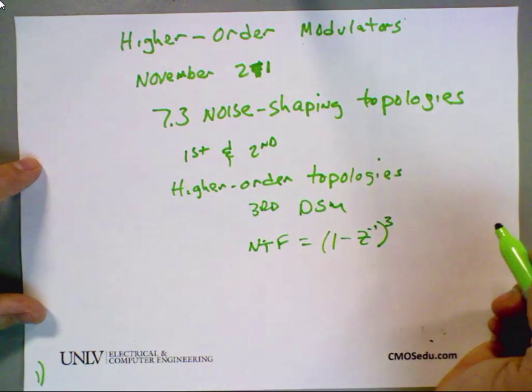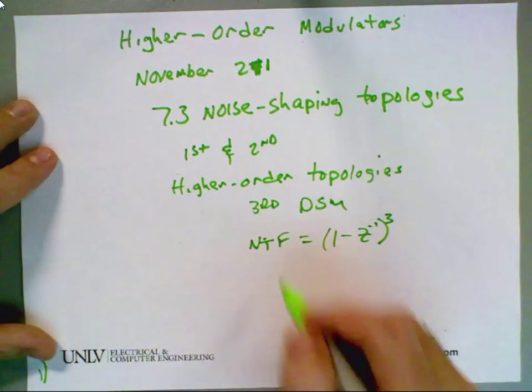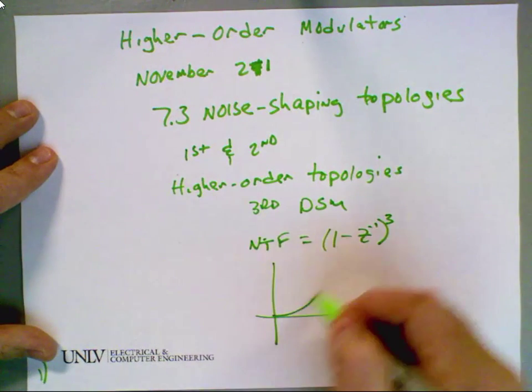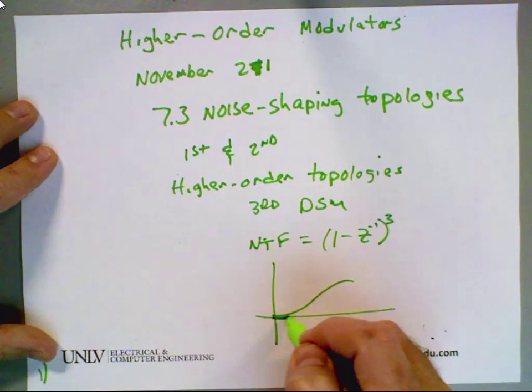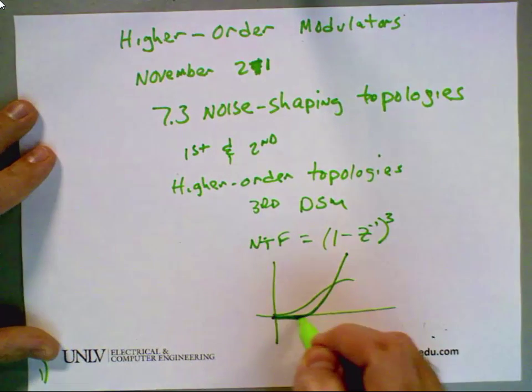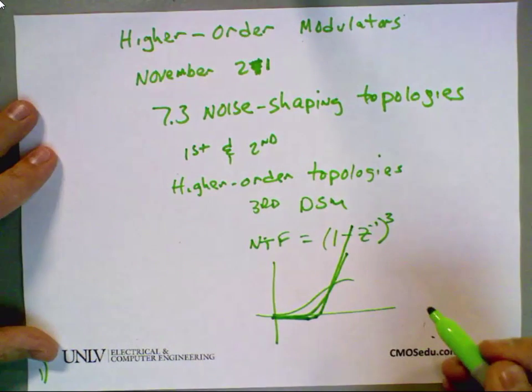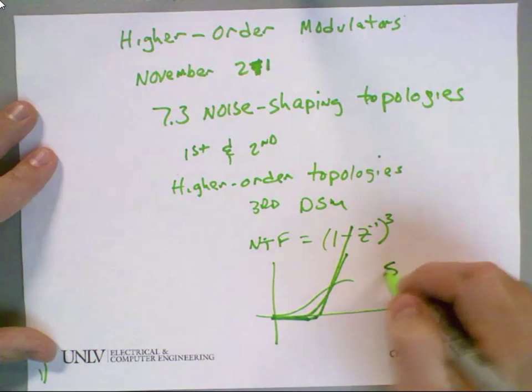Right, third order differentiation. And the problem is, what? You get first order, you get this. Second order, you get this. Third order, you get more noise. So stability is a big issue.